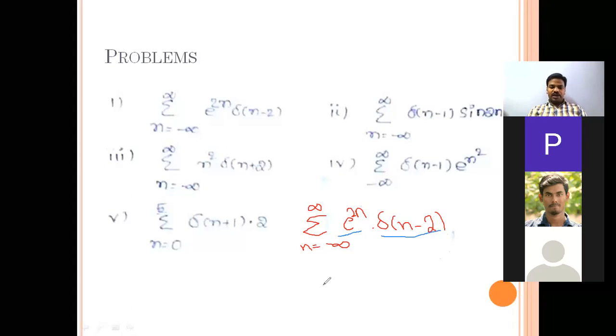Here, as per the basic standard definition of the discrete time signal, delta of n minus 2 is equal to 1 at n minus 2 equal to 0, and equal to 0 otherwise.